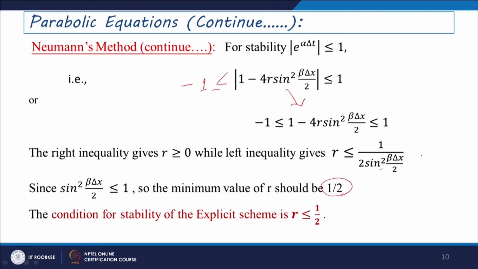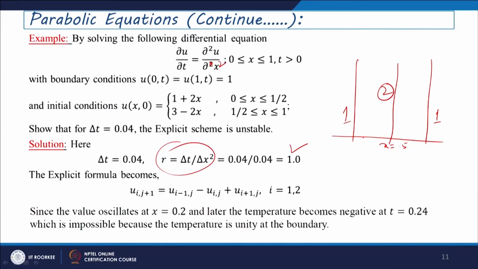That means if we consider r greater or equal to 0, the left inequality becomes this one here. But if we consider r less or equal to 0 here, we do not know what will happen. So, that is why there is a restriction that whenever you have r less or equal to half only, you can find that the system is stable and we can have a feasible solution there. Thank you for listening to this lecture.